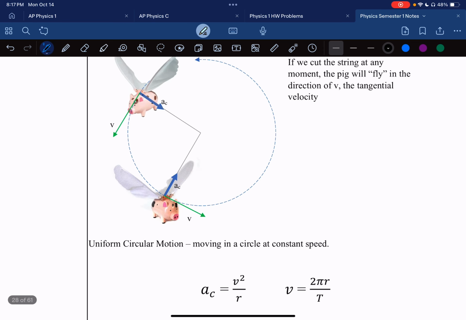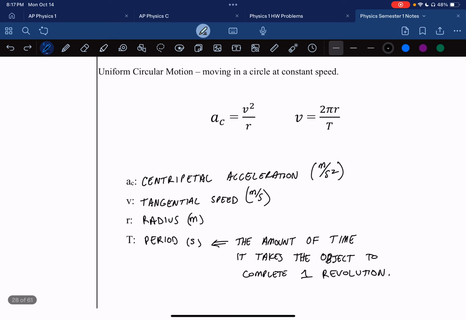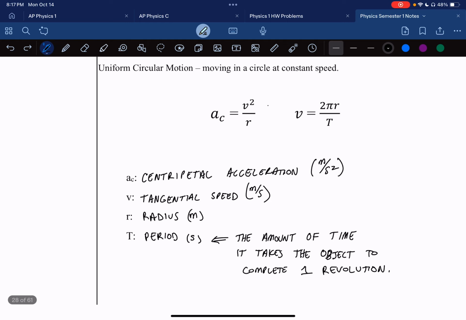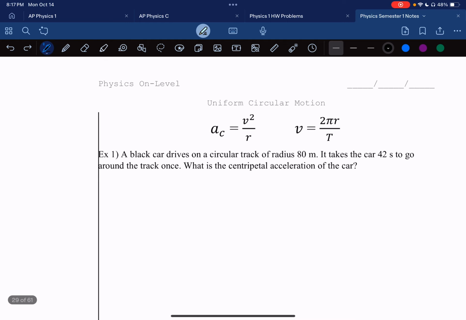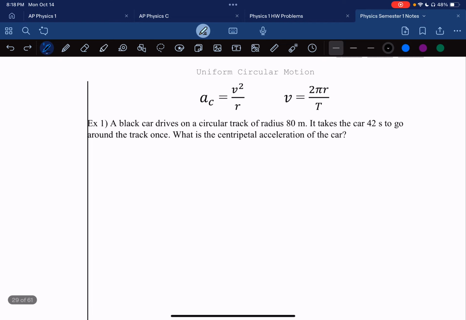So T would be how much time it takes for the pig to go and come back to that same point. Cool, and I think we have everything else defined here. Of course, that's just pi. So let's do some examples.